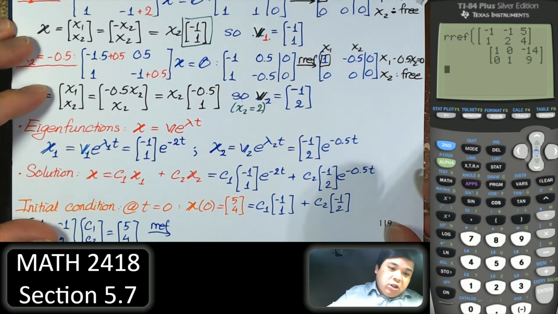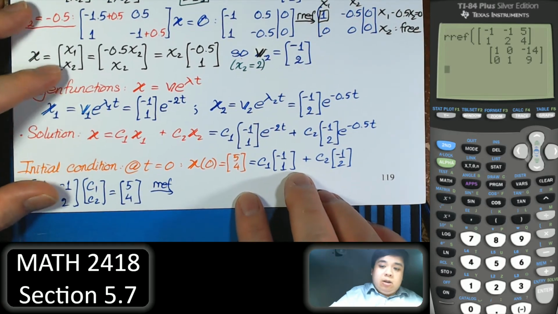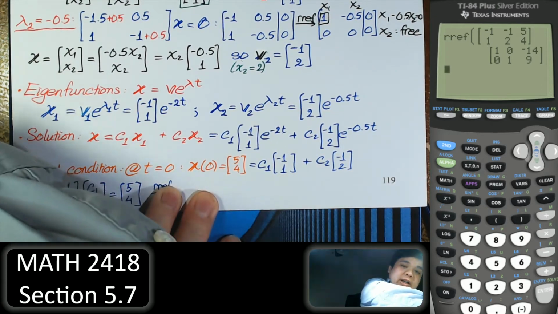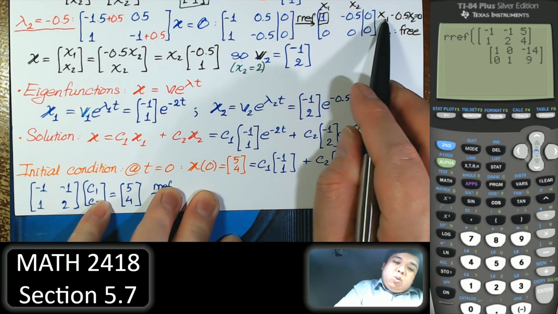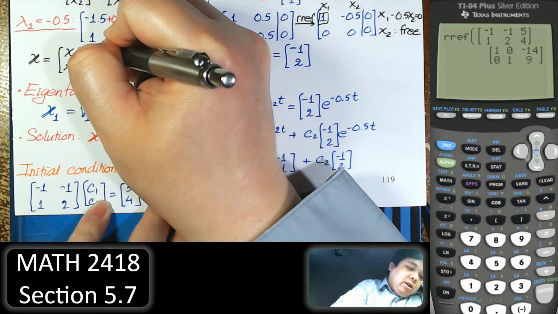I have to pause the video because I think I made a mistake earlier. Actually, here, when we have x1 minus 0.5 x2 and move to the other side, that should have been a plus.